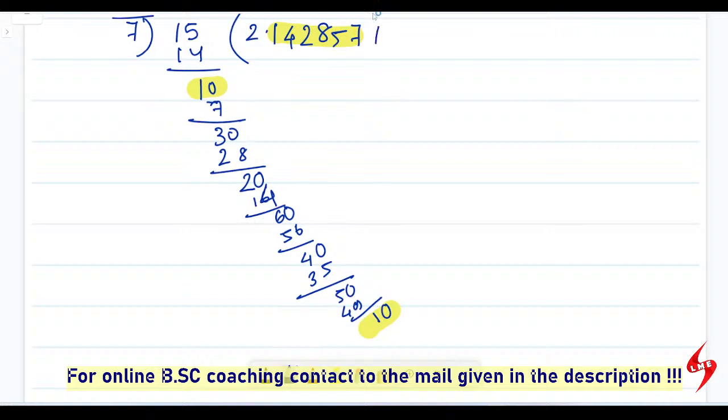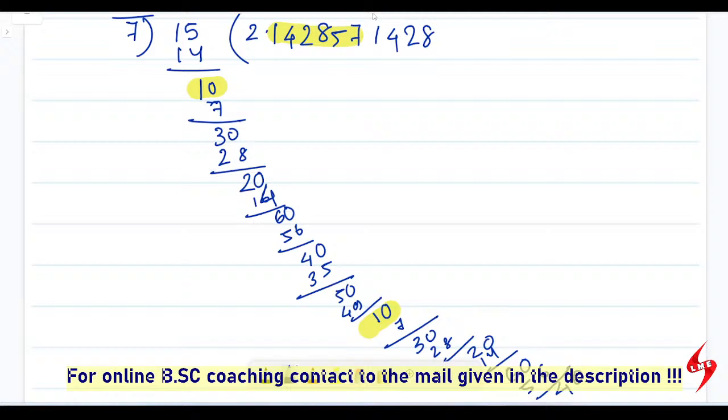Again 1, it will be 7, remainder 3, 0, again 4, 28, again 2, 0, 2, 14, 6, 0, 8, 6, 4, 0.